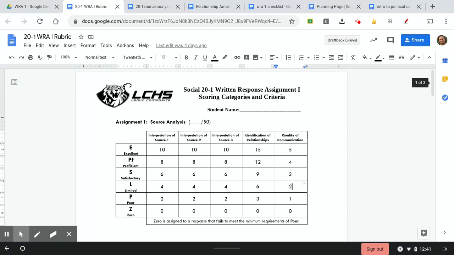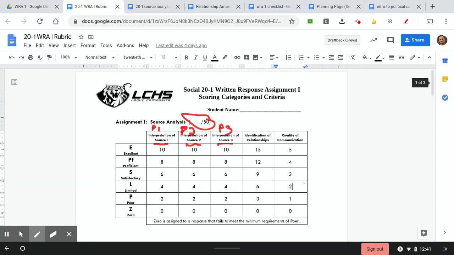You should see right off the bat, it's out of 50 marks. This 50 is comprised of your 3 source analysis, so source 1, source 2, source 3. Each one of those is out of 10 marks. This also is paragraph 1 or P1, paragraph 2, paragraph 3, and those are the 3 out of 4 paragraphs in a WRA1.